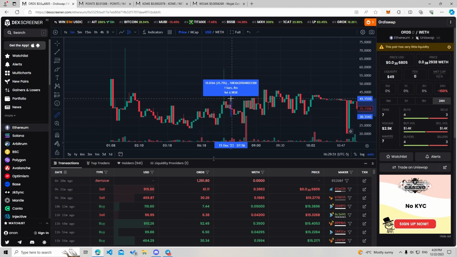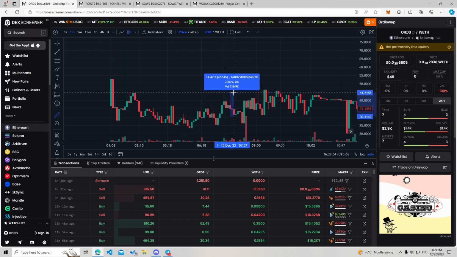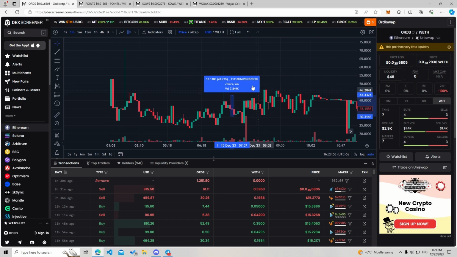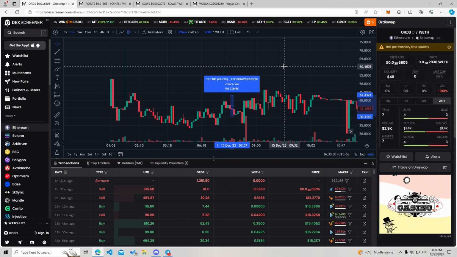Zero emotions involved, right? 43, 43 is right here. Again, 40% up. This isn't alien, guys. This isn't alien. This is a process you can repeat over and over and over.